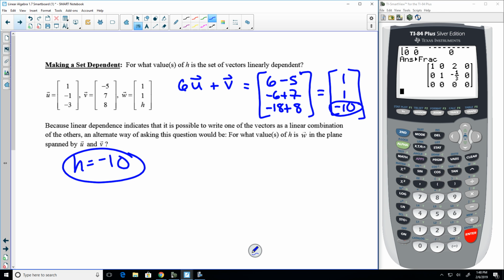That's the only way to do it. 6u and 1v, we'll make h negative 10, and that's it. But if you wanted to figure it out the other way, then you would put these in a matrix augment. You could augment here if you wanted to, or you could augment the whole thing with 0, and then see what h will give you free variables.